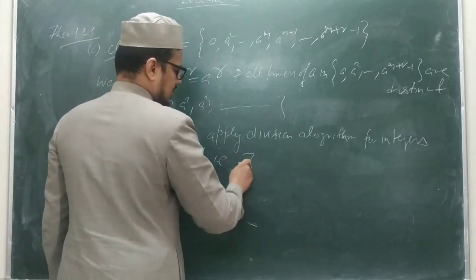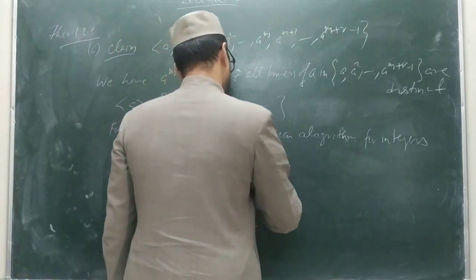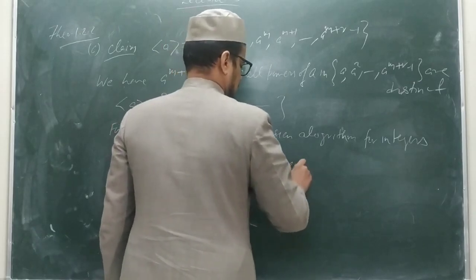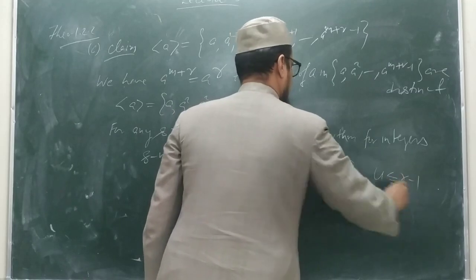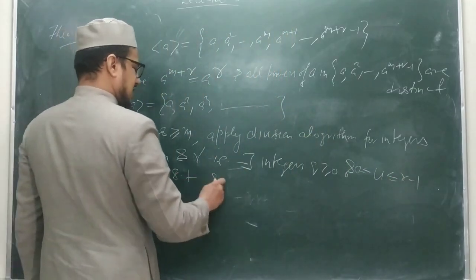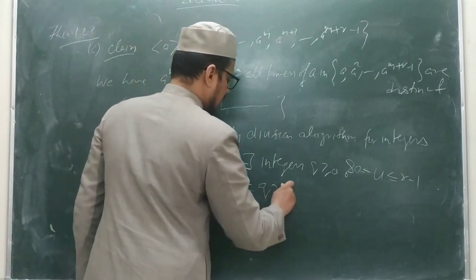That is, there exist integers q greater than 0 and u which lies between 0 and r minus 1, such that s minus m is equal to qr plus u.